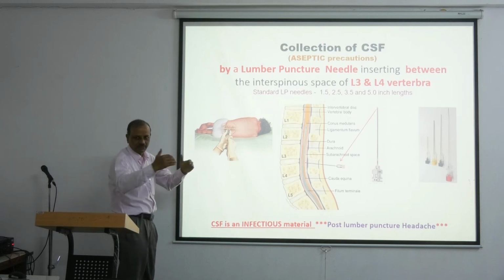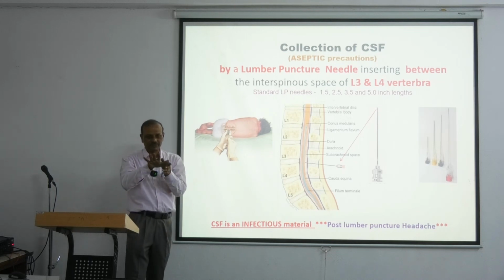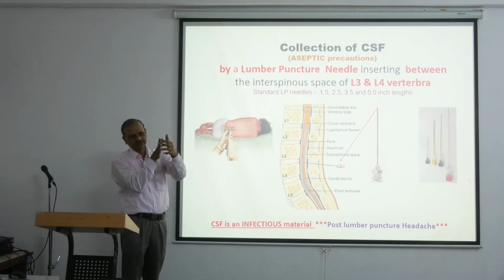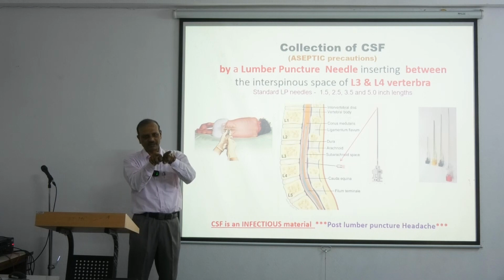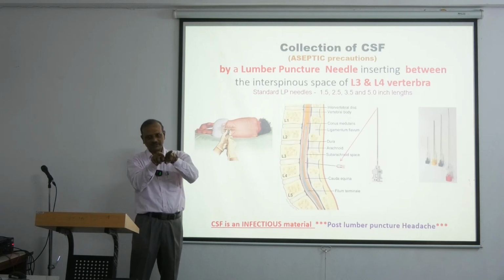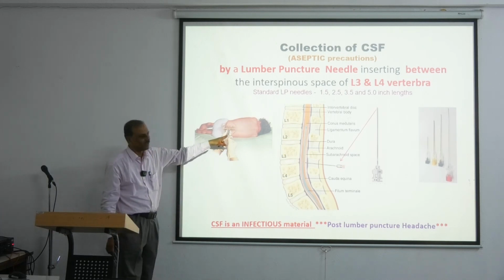So there will be some amount of convexity of the spine, and that will widen the gap. Normally, the spinous processes are like this. Now, if you make a quite convex curve, then this area will be increased. So the needle can be passed through. That is the basic purpose.